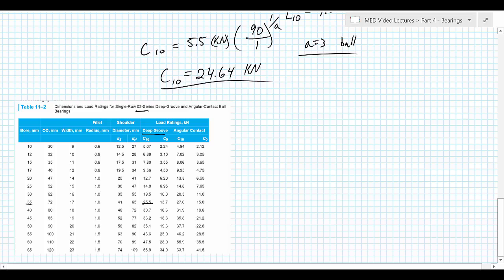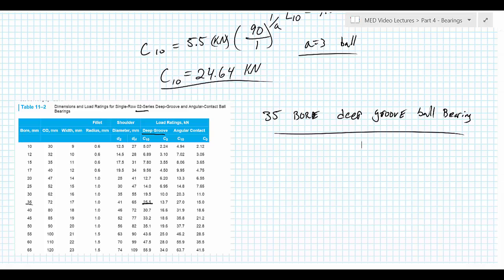We'll specify the bearing that we're interested in as a 35 millimeter bore deep groove ball bearing. So that worked out well for finding, given a particular load and a life that we want to get, a catalog bearing that will meet our needs.